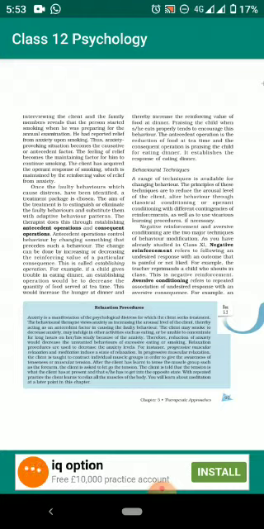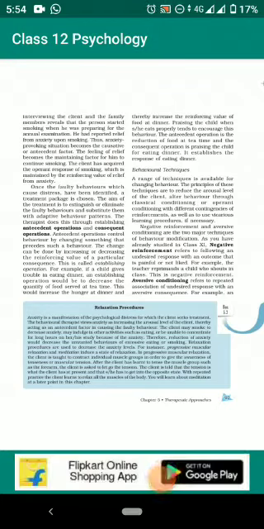For example, if a child gives trouble in eating dinner, the establishing operation would be to decrease the quantity of food served at tea time, or praising the child when he or she eats properly tends to encourage this behavior.